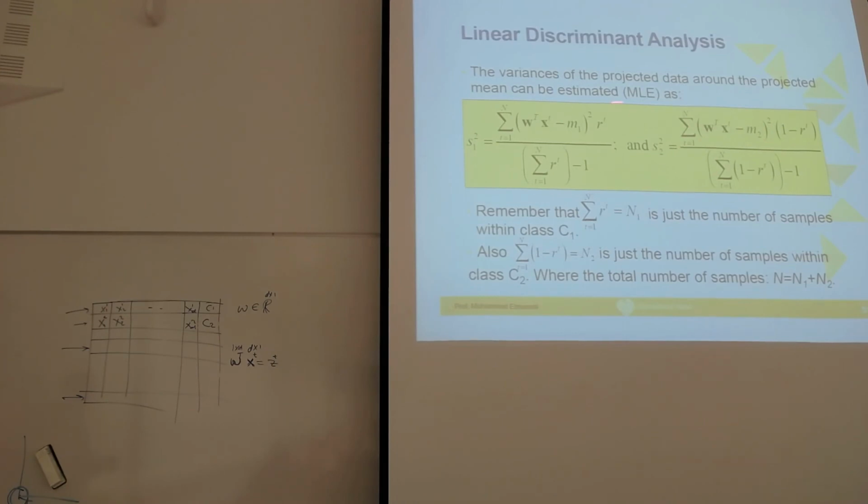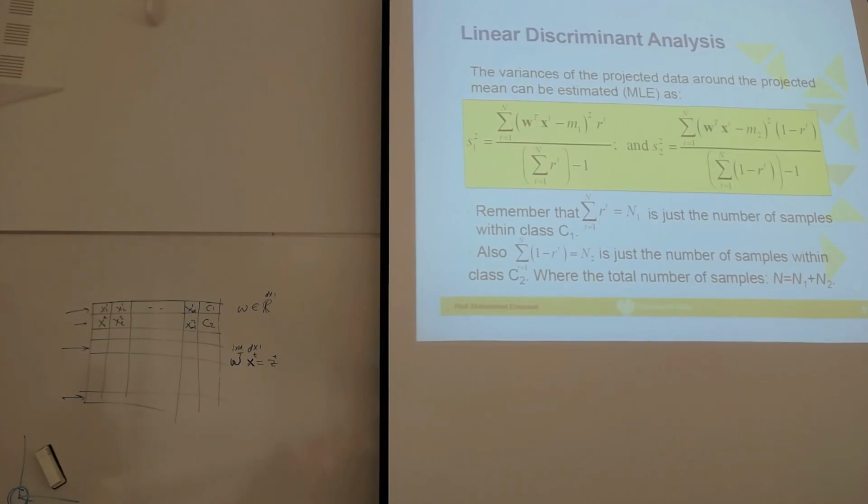Here we take the maximum likelihood estimation as an unbiased estimate, so we subtract 1. But when you have a lot of data, it doesn't matter if you subtract 1 or not. So now the summation of RT is the number of samples in class 1, and the number 1 minus RT is the number of samples in class 2. The total number of samples is N1 plus N2.